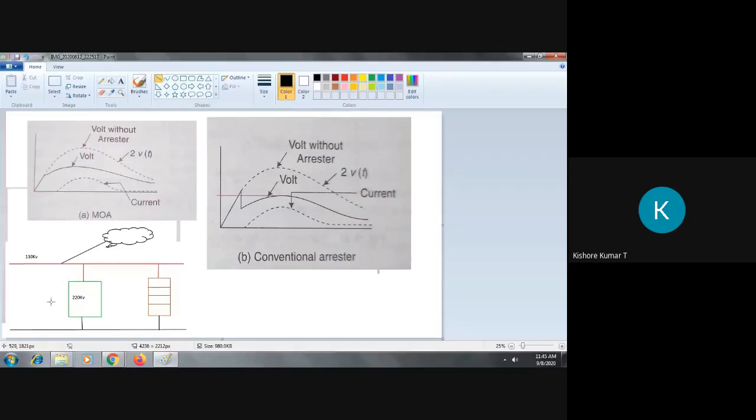లైన్ వోల్టేజ్ అనేది 220 kVకి ఇంక్రీజ్ అయిందని అనుకున్నాం. అప్పుడు ఏమవుతుంది, this equipment is having a crest value of voltage that is 220 kV.